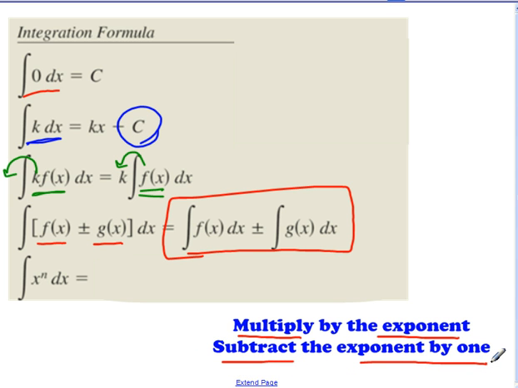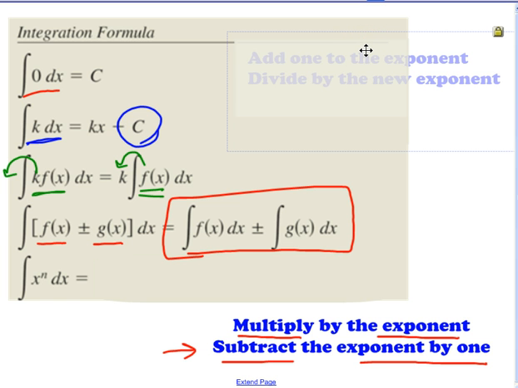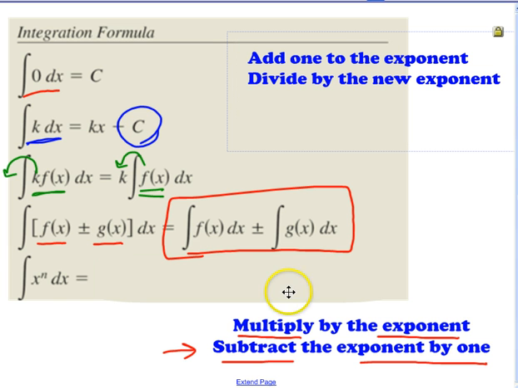Well, when we're doing the antiderivative, we're doing the inverse, so we're going to go completely backwards. We're going to start here and do the inverse. So instead of subtracting 1 from the exponent, we're actually going to add 1 to the exponent. And then instead of multiplying by the exponent, we're going to divide by the new exponent.